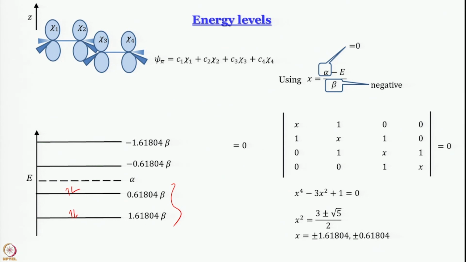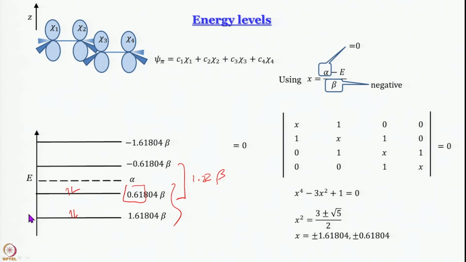So, the HOMO-LUMO energy gap, how much is the HOMO-LUMO energy gap? That turns out to be, I will just consider 2 decimal places, 1.22 beta. That is the energy gap that we get between HOMO and LUMO.